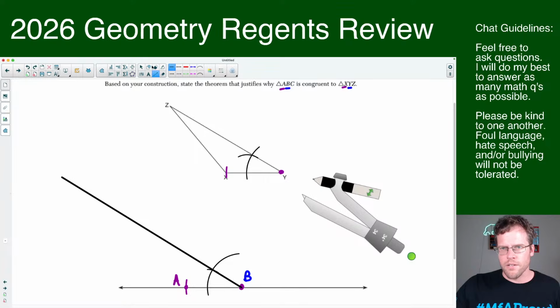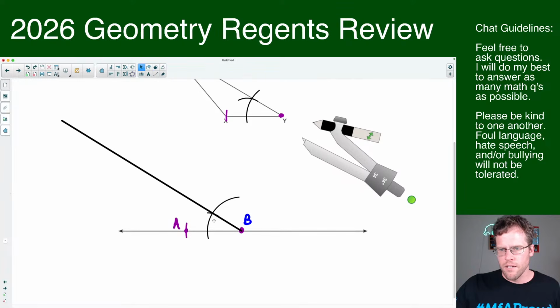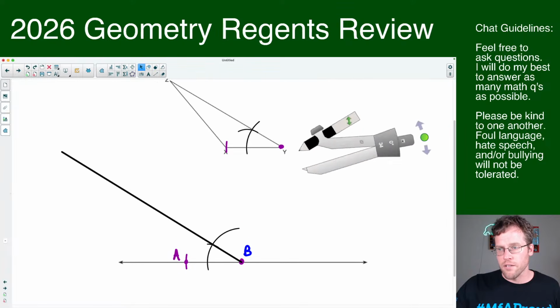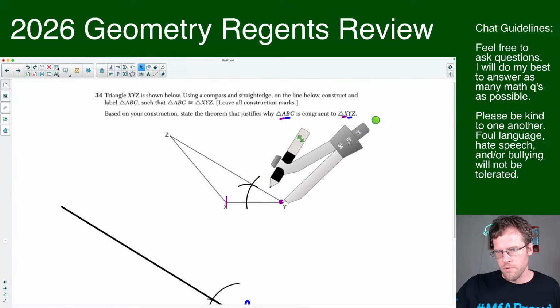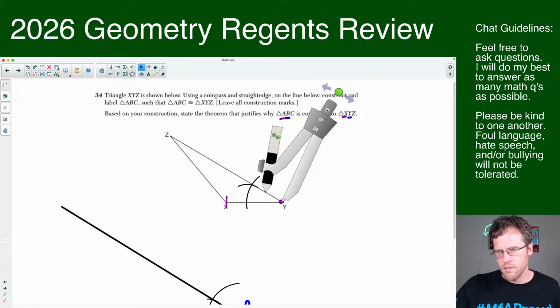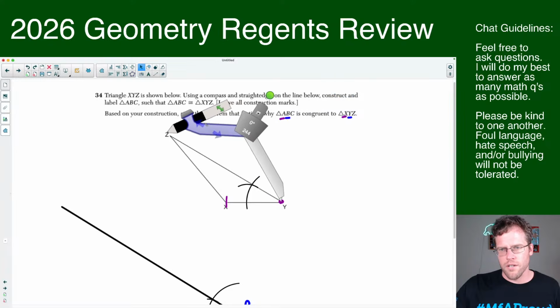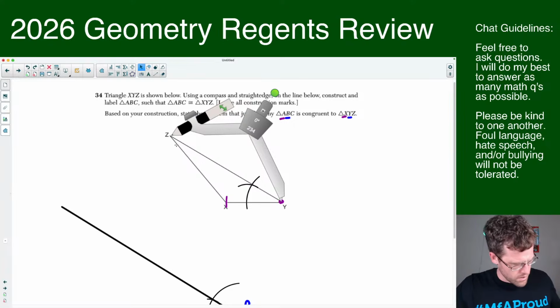But then I just copied this side and this angle. So I'm going to copy side, angle, side. And that'll make the triangles congruent by the SAS postulate. I'm sorry, side, angle, side. Yeah, theorem. Postulate. Wait. Let's see.